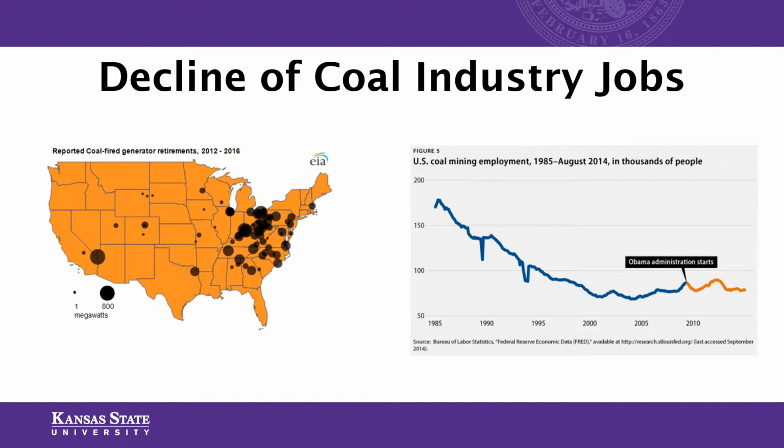We are also seeing an increase in renewable energy sources, and an increase in regulations and standards on coal-fired generating facilities, designed to protect public human health or ecosystem health, which some people are saying is causing these coal-fired generators to shut down or go bankrupt. We're also seeing decades of mechanization and technology development, which means that fewer people are needed to do the jobs that they used to do.